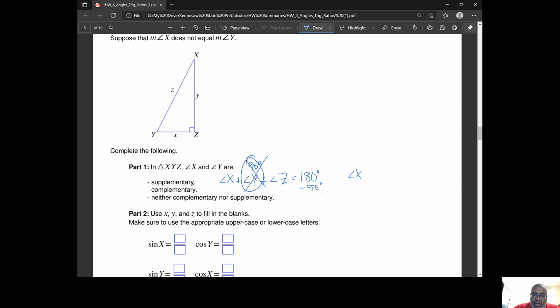Then we get angle x plus angle z is equal to 90 degrees. That means that they are complementary. Whenever you have a right triangle, if you exclude the right angle, the other two angles are always complementary. It is possible for them to equal each other in one case, but they're always complementary. Let's go.